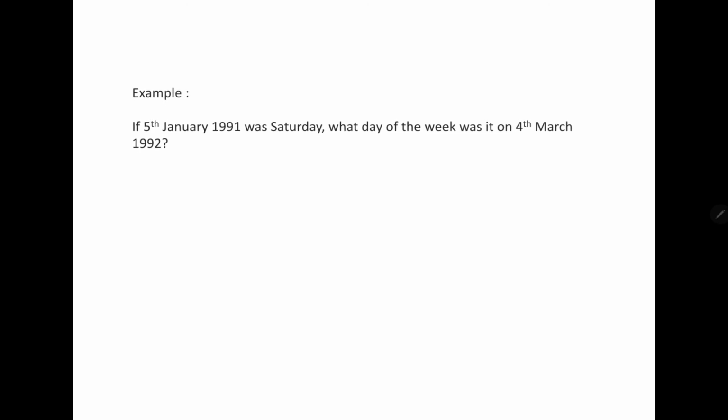Next example, it's given that 5th January 1991 is Saturday. We have to find the day on which 4th March 1992 will fall. So 5th January 1991 is Saturday, and for the next year, 1992.